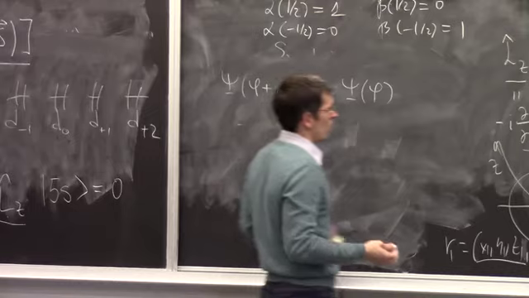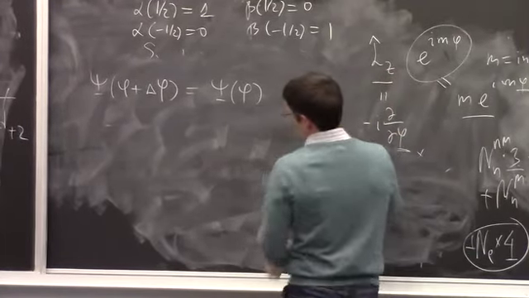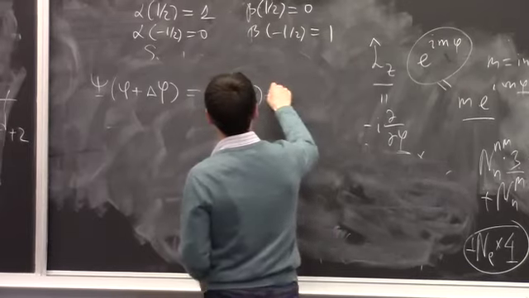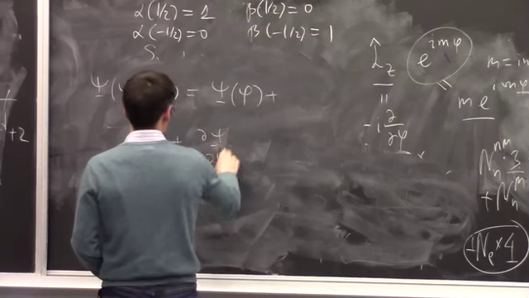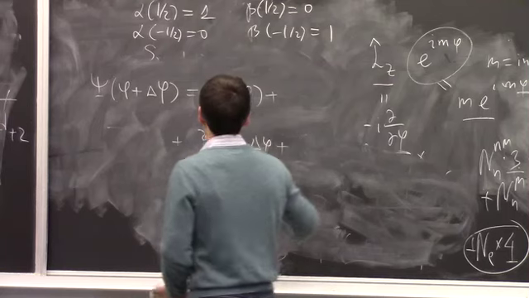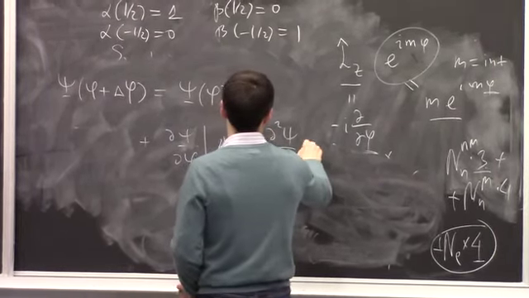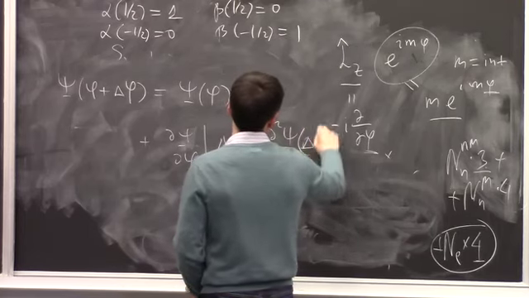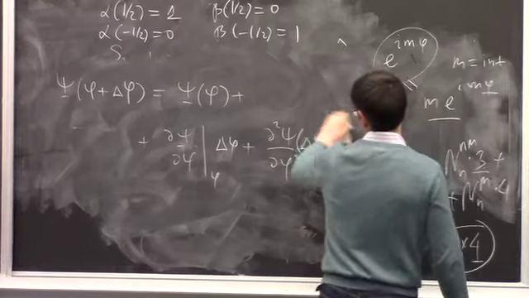Well, we know there is a Taylor series expansion, right? The new function will be the old function plus the derivative of the function at the point phi times delta phi, plus the second derivative, and so on and so forth.